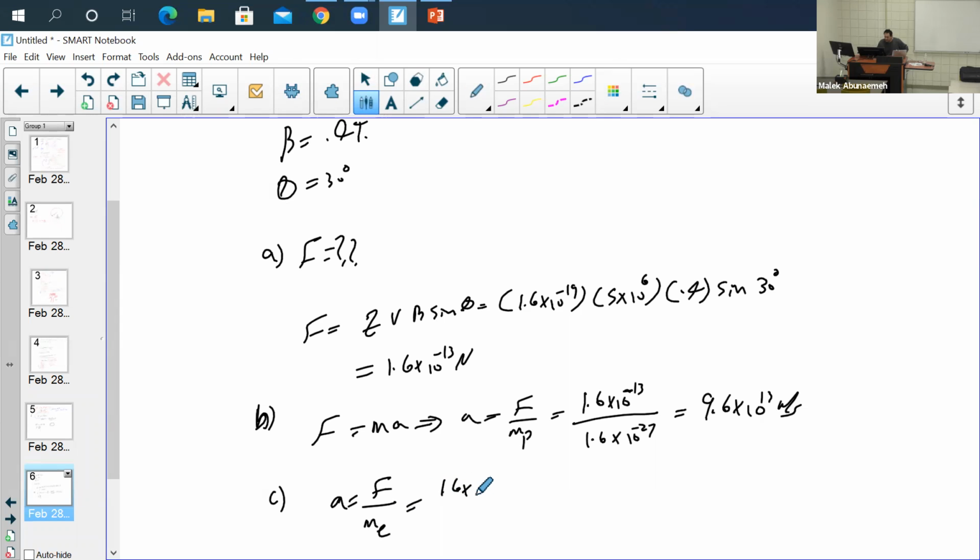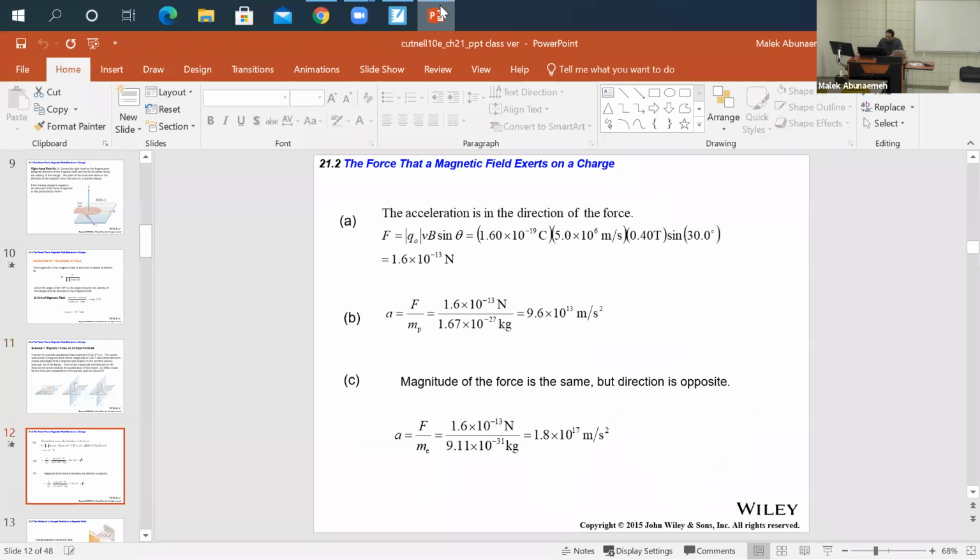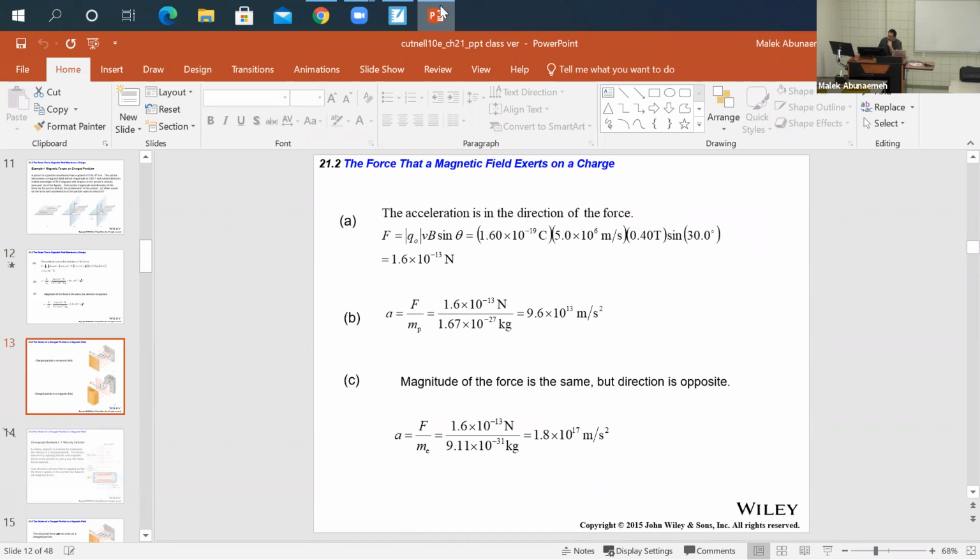So that is 1.6 times 10 to the negative 13, divided by the mass of the electron, which is 9.11 times 10 to the negative 31, and you should get 1.8 times 10 to the 17th meters per second squared. And that's exactly what we just did.